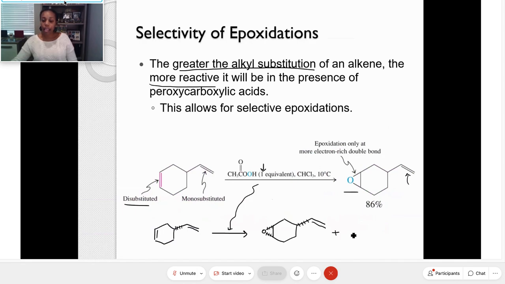But then we're going to get the other product there, where again, the stereochemistry won't change here. But now we're going to get the opposite stereochemistry for the oxycyclopropane because that's where the reaction is happening.